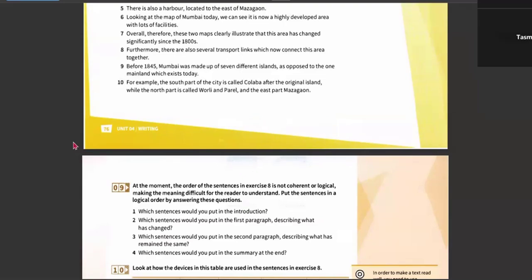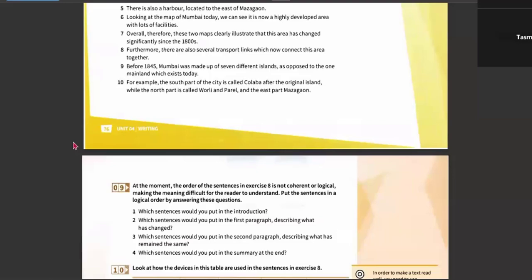Because if it was in order, we would have understood what comes first and what happened, how Mumbai was developed and how it has many facilities now from where it started. So if it was in order, we would have got the logic of how this happened. So what we have to do is put the sentences in logical order by answering the questions that are asked here.